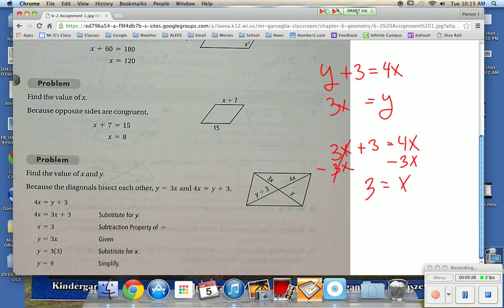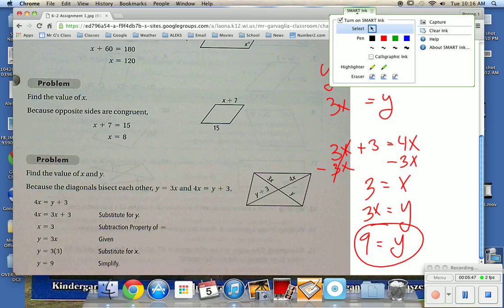What's x? 3. What's my y? 9. y equals 3x. y equals 9. We can solve it. Long ways to go, but better.